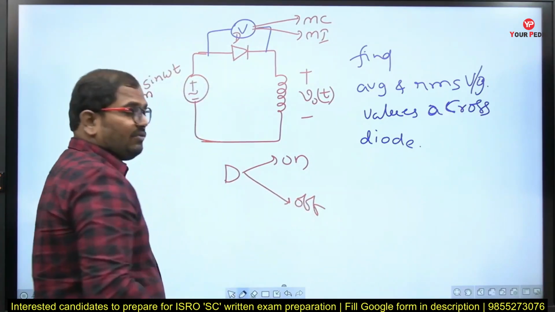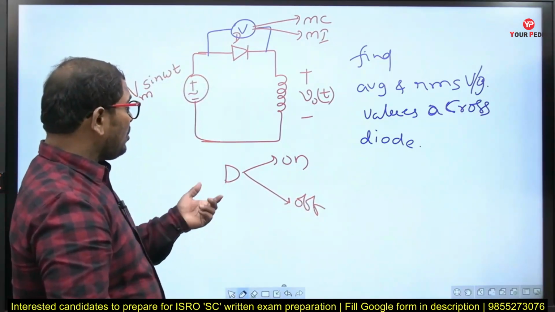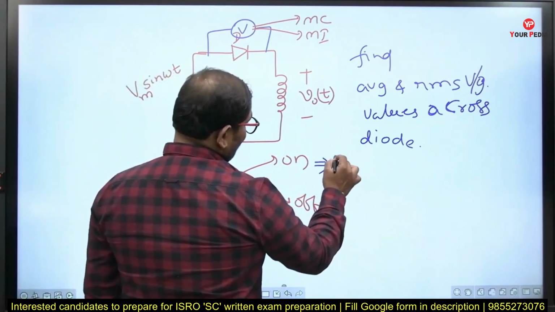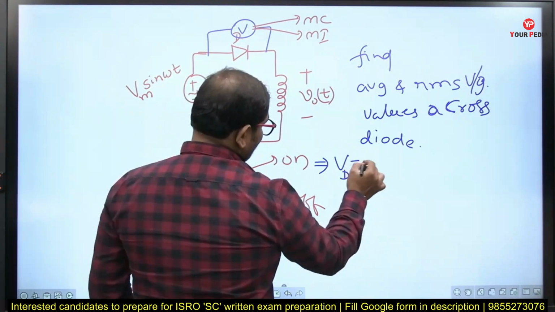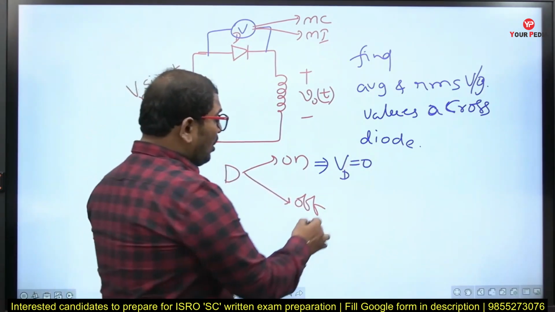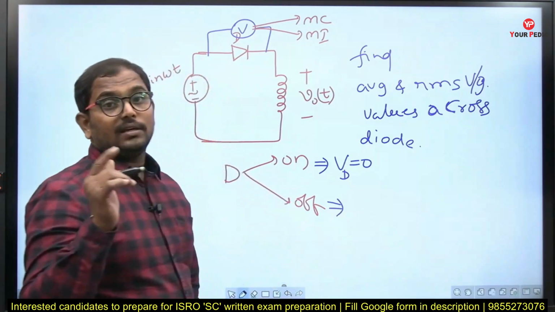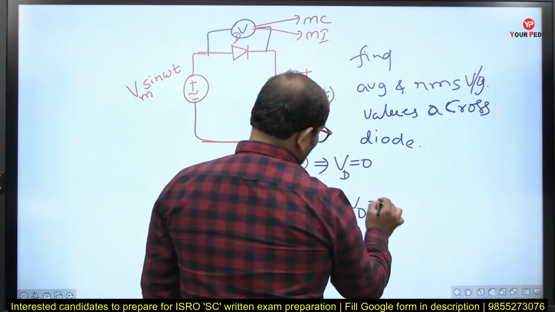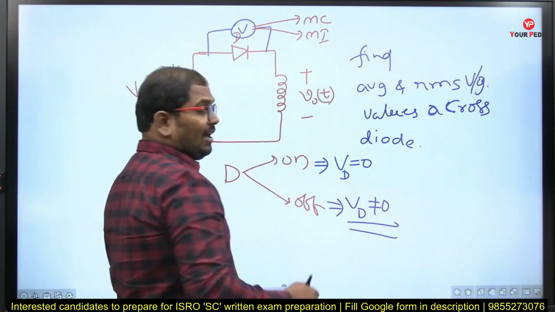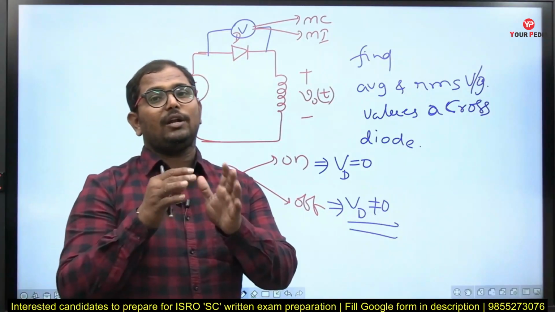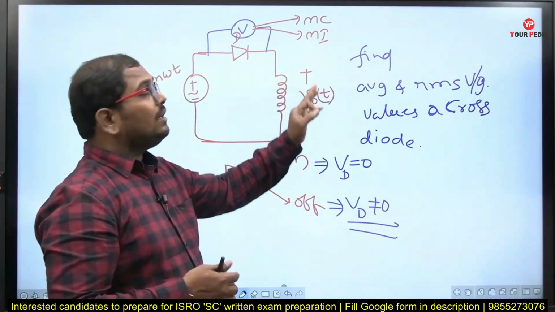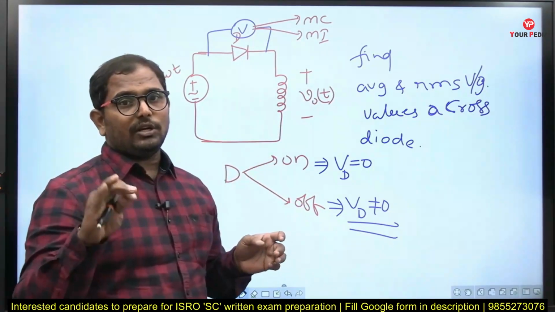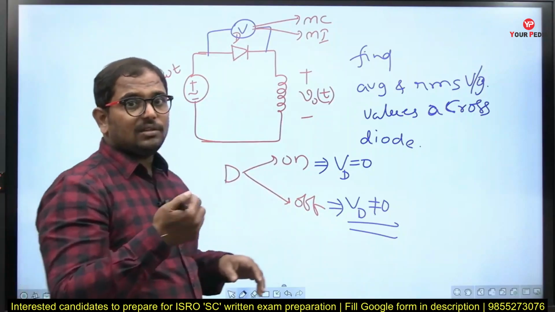When the diode is in on state, the voltage across the diode becomes 0. When the diode is in off state, the voltage across the diode will be non-zero, so you have to check the waveform and calculate the values accordingly. If it is an MC instrument, you need to calculate the average value. If it is an MI instrument, you need to calculate the RMS value.